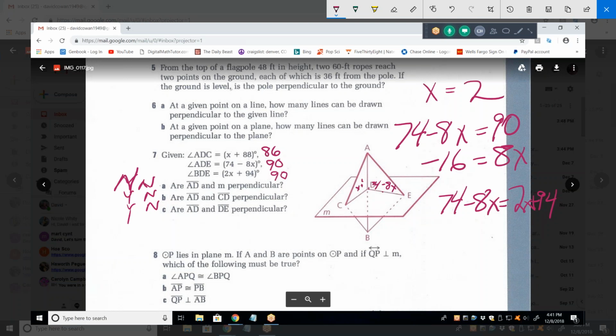I think I've given you all the thoughts I have on this problem. It seems a little bit ambiguous to me, and there may be some way we can figure out what x is, whether it's -2 or 2. I don't know. I have to think about it for a while longer. Let me think about this a little bit, and if I have further thoughts on it, I'll get back to you.